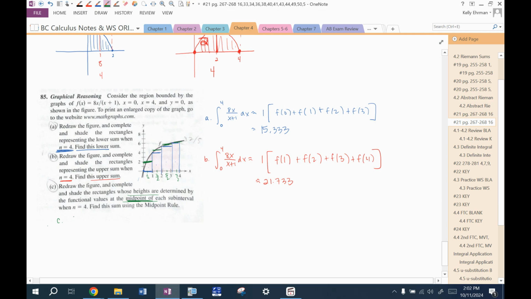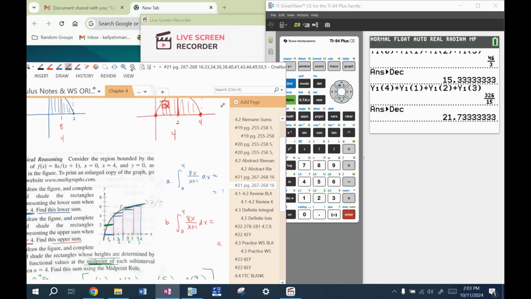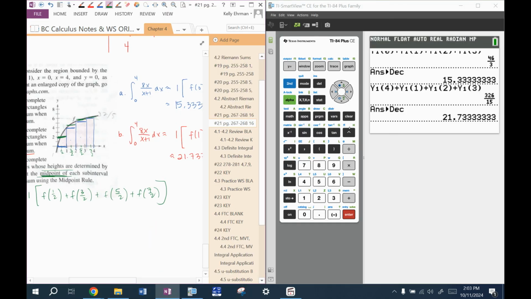Okay, so part C, the integral from 0 to 4 of 8x over x plus 1 dx is about equal to 1 times f of 1/2 plus f of 3 halves plus f of 5 halves plus f of 7 halves. And I hop over to my calculator here.